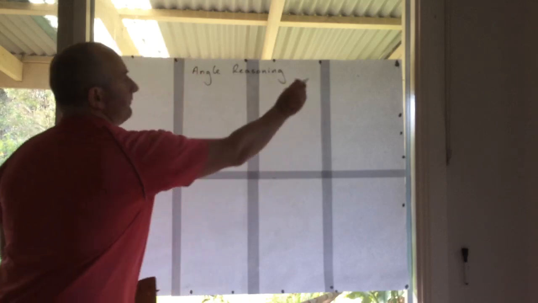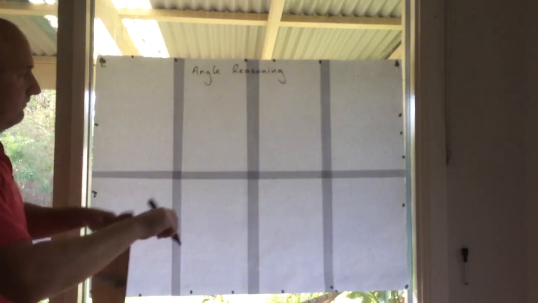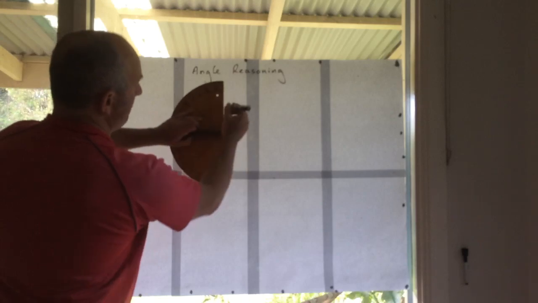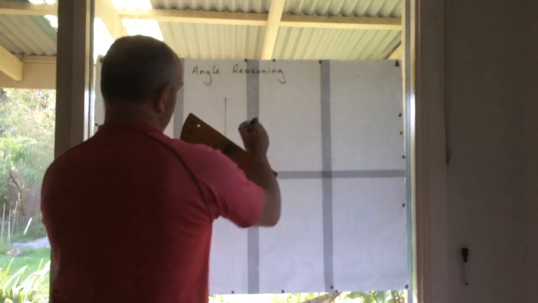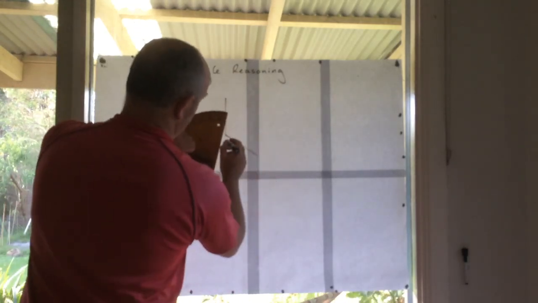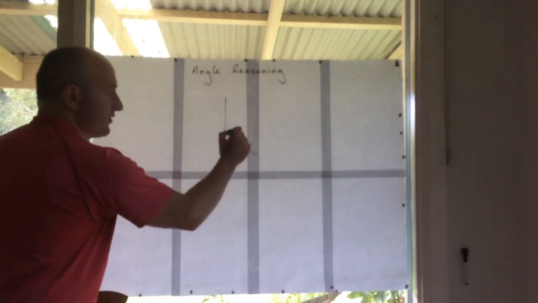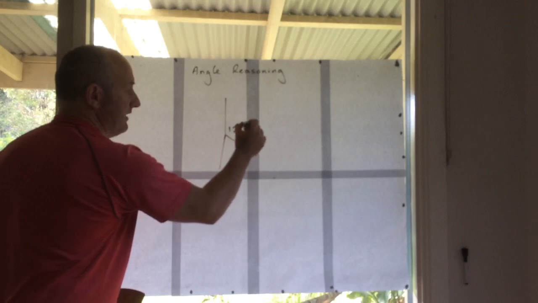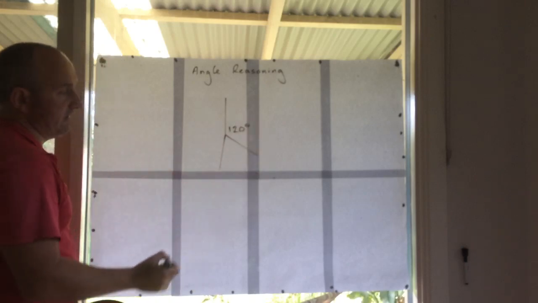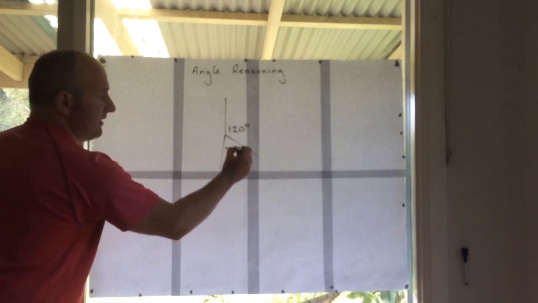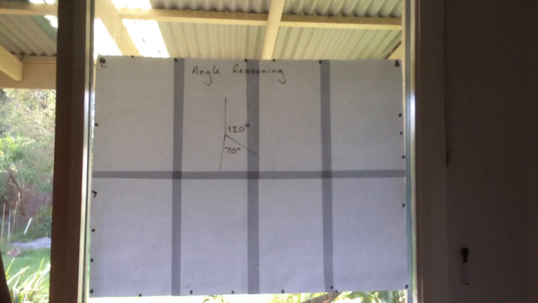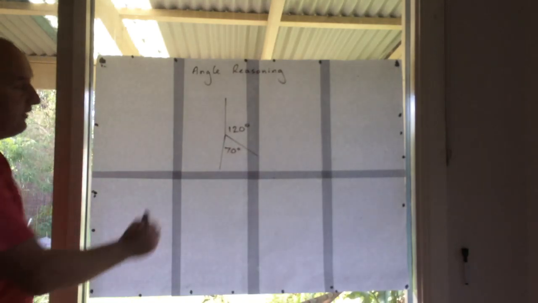Now, say for example, I've got three angles. The first one is 120 degrees, and the next angle is 70 degrees. How am I going to work out the remaining angle here?